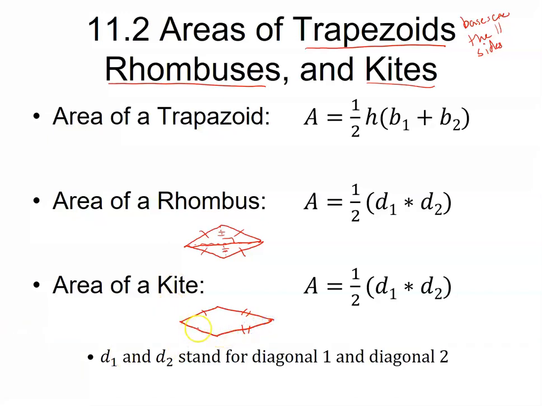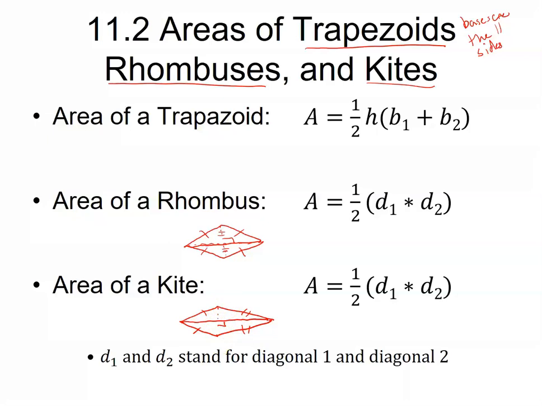Should be 2 here and 1 here. Sorry about that. So again, those diagonals are perpendicular, so you can kind of look at it as 2 triangles. This diagonal added together becomes your base or your heights of the 2 triangles. And so that's why these 2 formulas work.